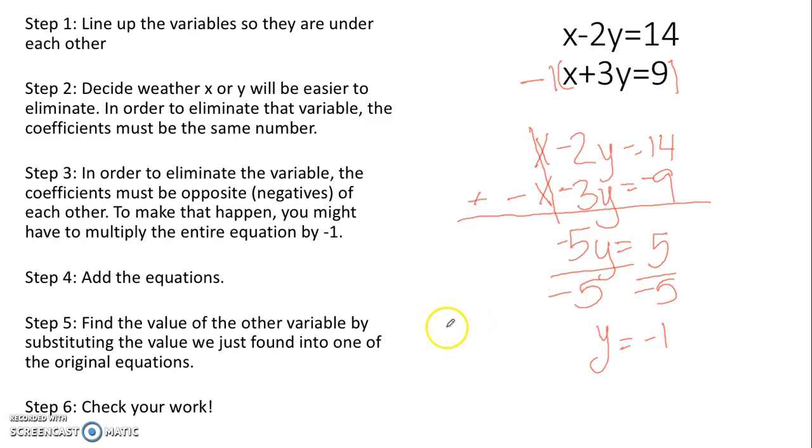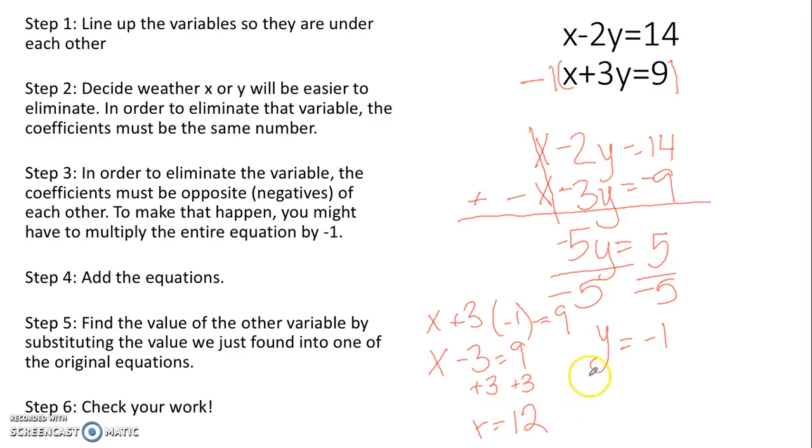You could have picked the first; it'll be exactly the same. So we have x plus 3 times -1 is equal to 9. 3 times negative 1 is negative 3, so x minus 3 is equal to 9. We add 3 to both sides to isolate the variable, so x is equal to 12.